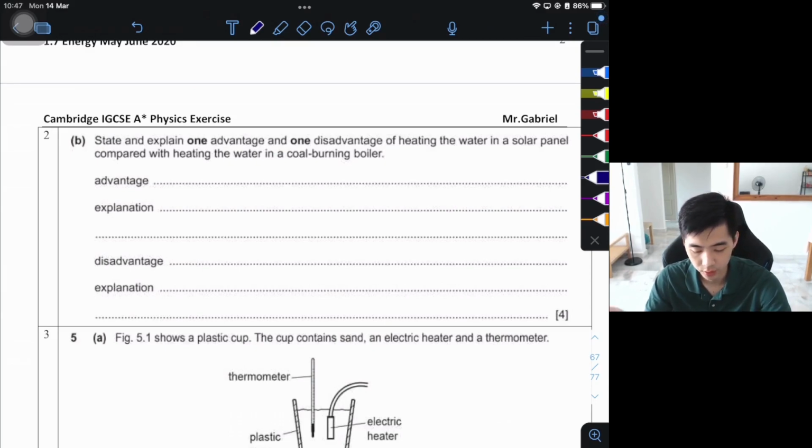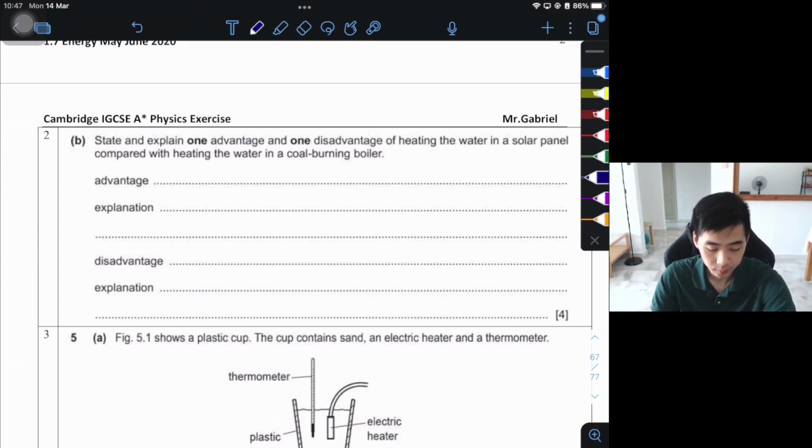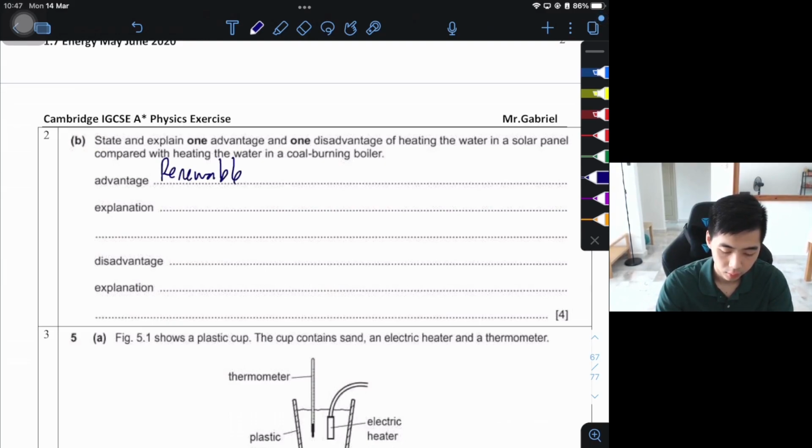Obviously one is going to be renewable and one is going to be non-renewable, right? So the advantage here is that obviously it's going to be renewable, right? Why? The explanation is because no air pollution is produced.